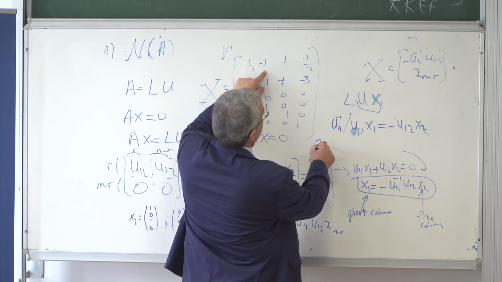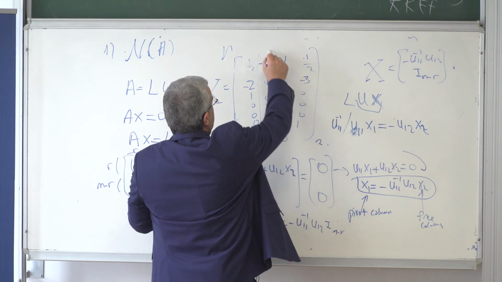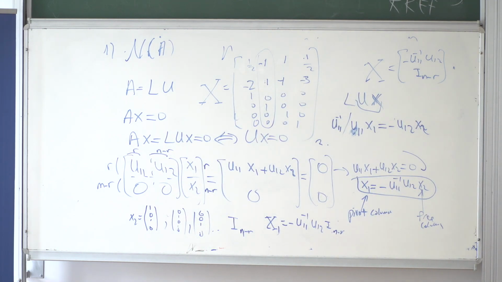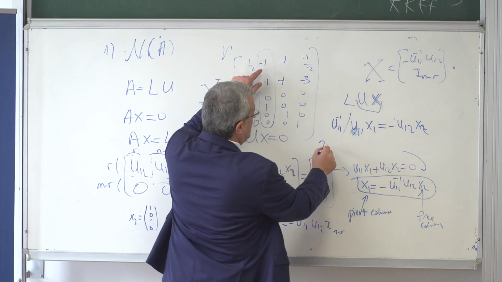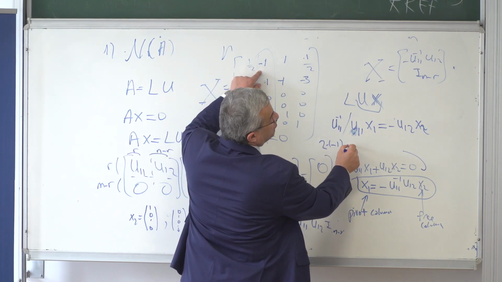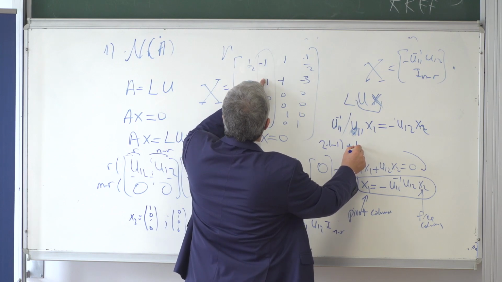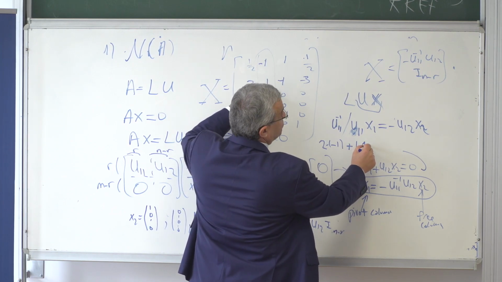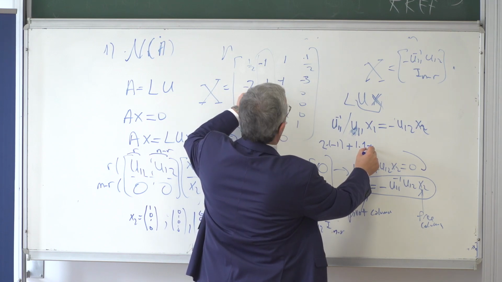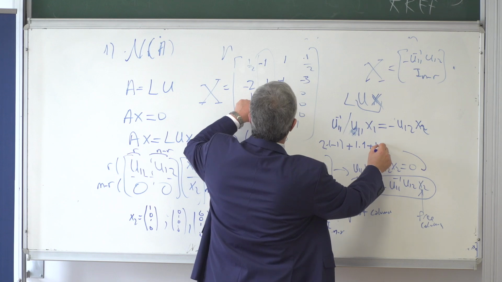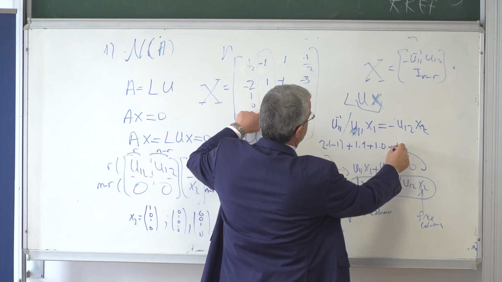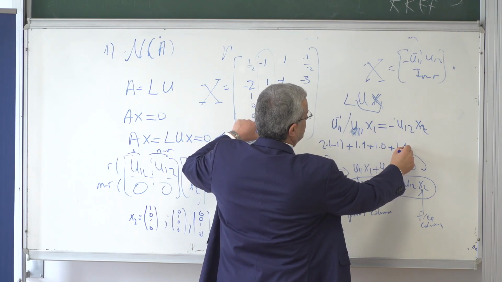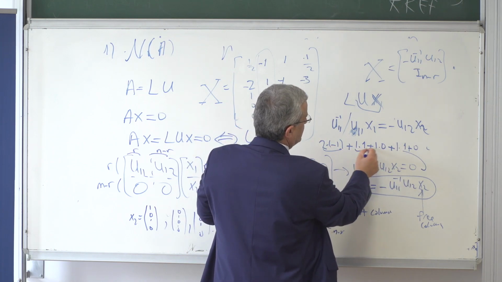So we are multiplying this and this. Okay, together. I need you because I don't have the view. Okay, 2 times -1 plus 1 times 1, plus 1 times 0, plus 1 times 1, so it is -2 and so it is 0, right?